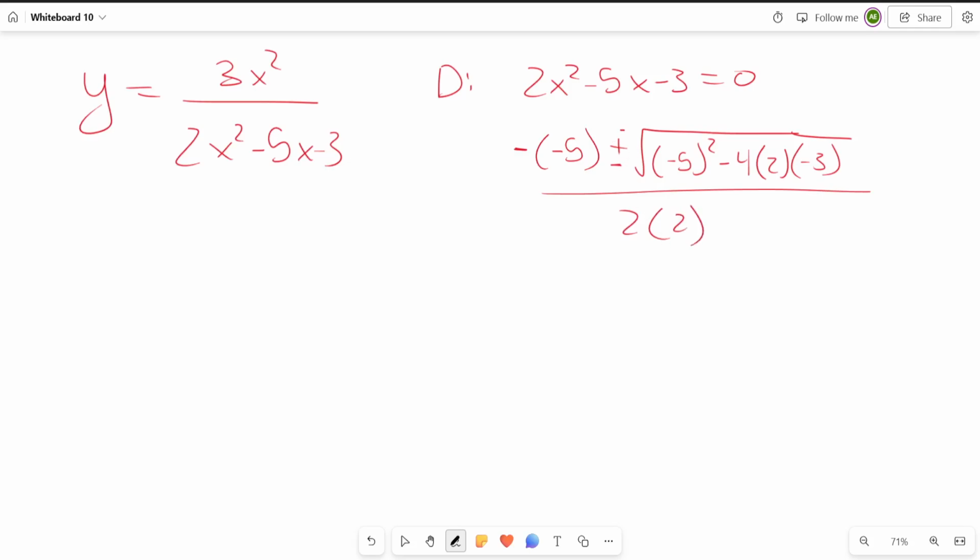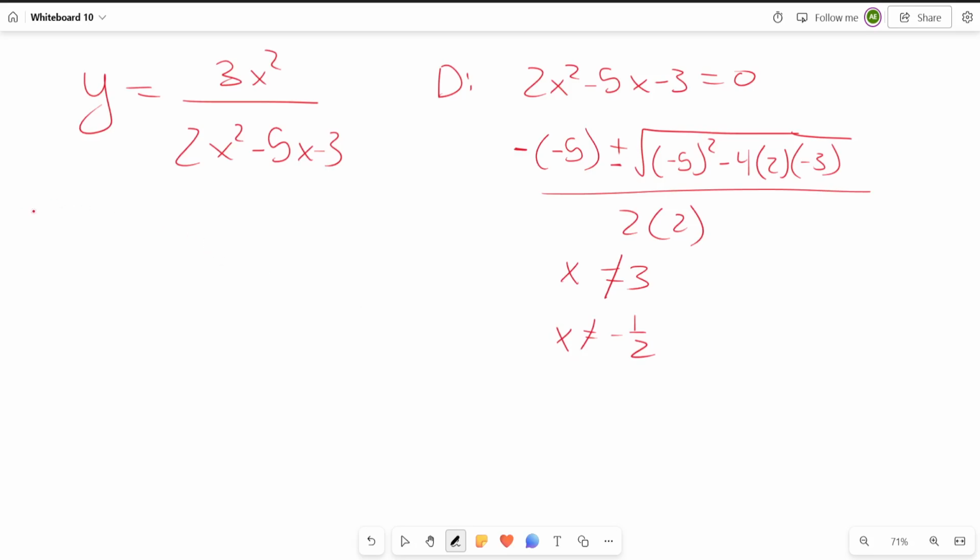So I'll have two values, one when this is plus, one when this is minus. If I put this on the calculator, I will have my first x as 3 and my second x as negative half. So basically these two values are going to cause this expression to become 0, making the denominator 0, making the whole function undefined. So my domain is going to be everything except these two values.